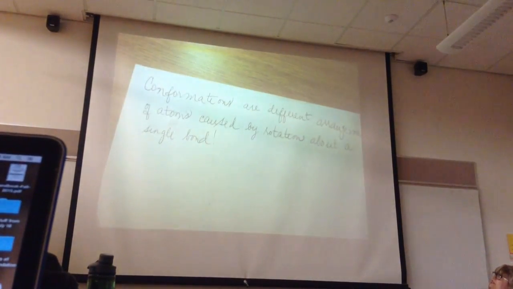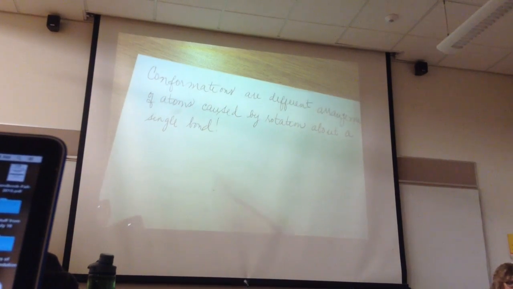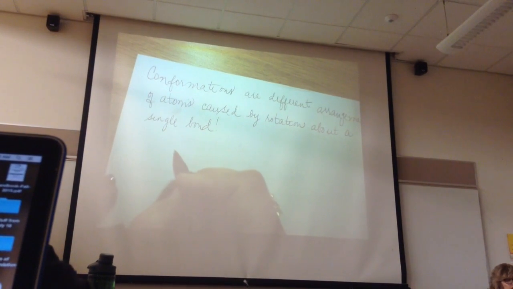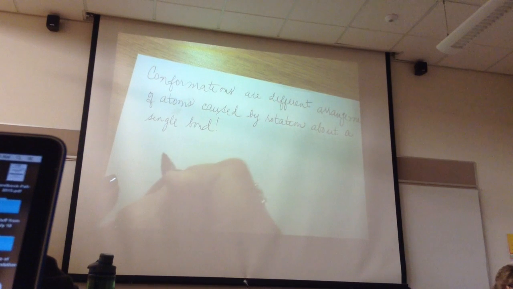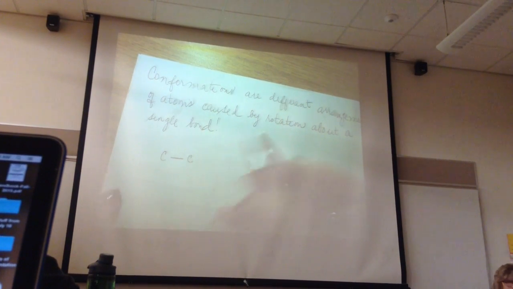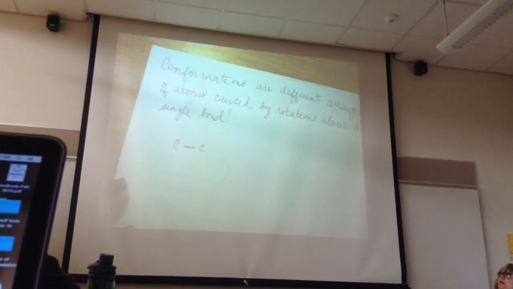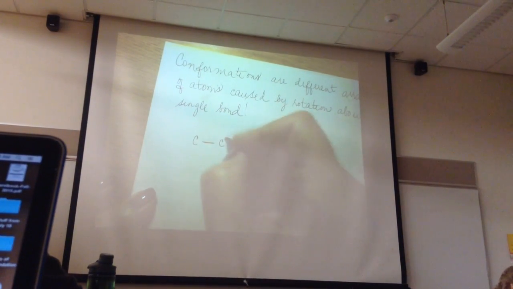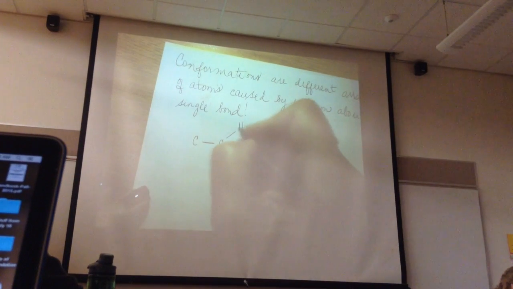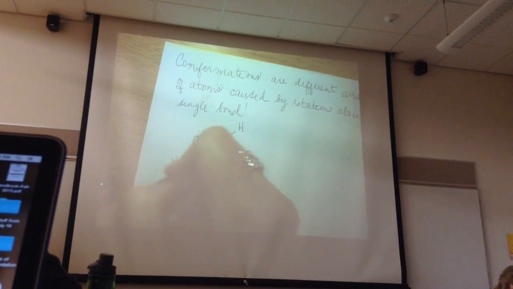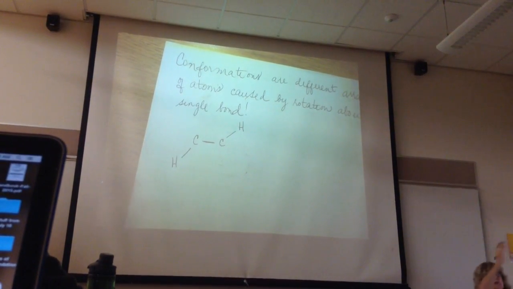All right, so we start out like this. Usually this is how we're gonna draw in a perspective drawing, and I'm assuming that you all drew in a perspective drawing, but the drawing of an ethane in a perspective drawing looks like these. Anytime you have a solid line, it represents you are on a plane.